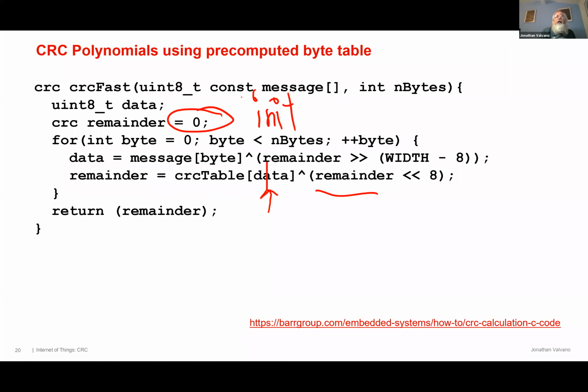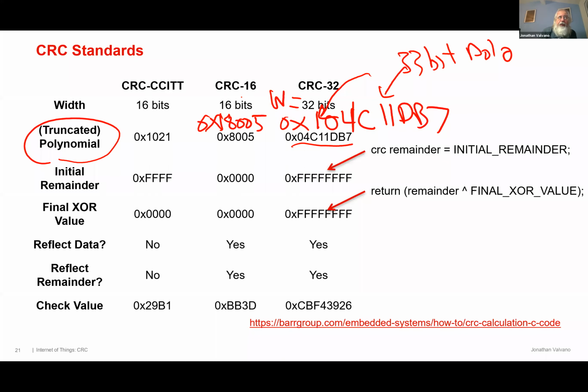For instance, if you had a dropout and the entire message were 0, the remainder is going to be 0 and it's going to look proper. So they preload the remainder with something other than 0, and in that way they can handle cases where you've got a big long line of zeros.